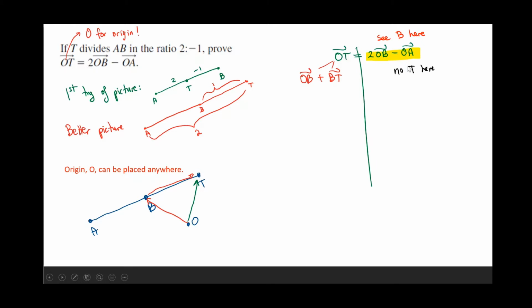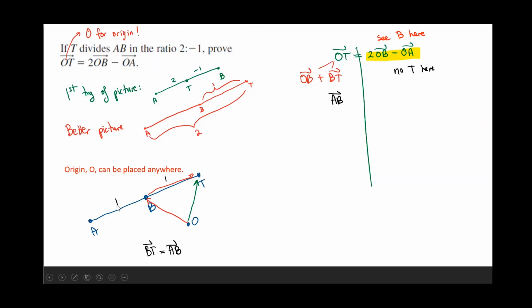So let's think, what else? Notice how on this side there is no T at all. So this vector doesn't have T, this vector does. So let's maybe work with this one. If you look at the diagram here, BT is actually going to be equivalent to AB. How come? Looking at this picture, BT is in the same line as AB, and we know this is going to be size 1, based on the relationship we wrote down above, size 2 versus size 1 here.